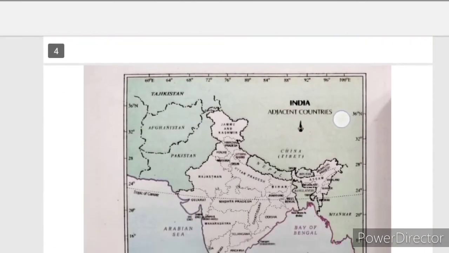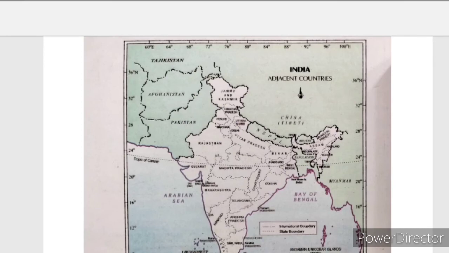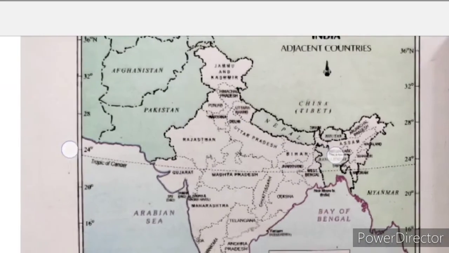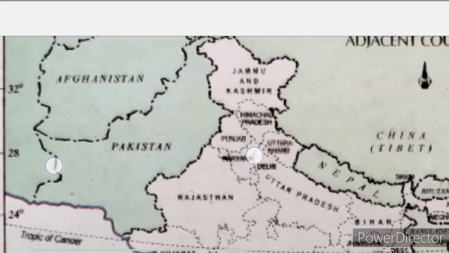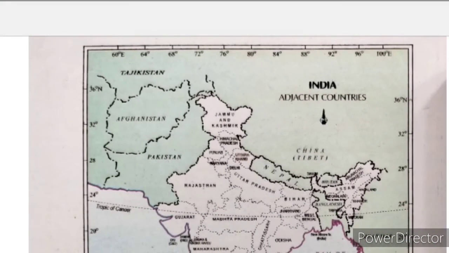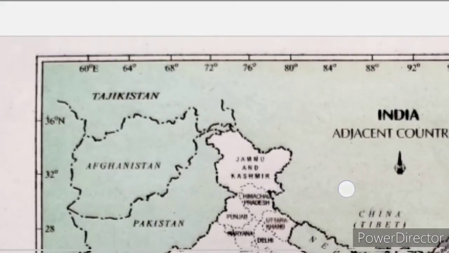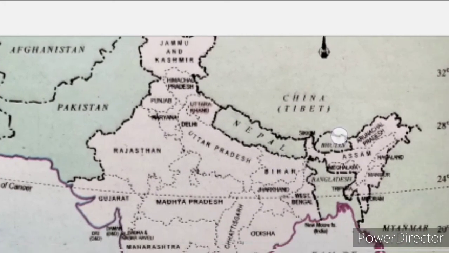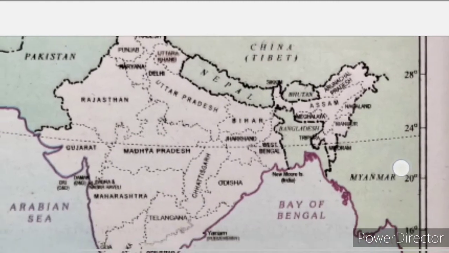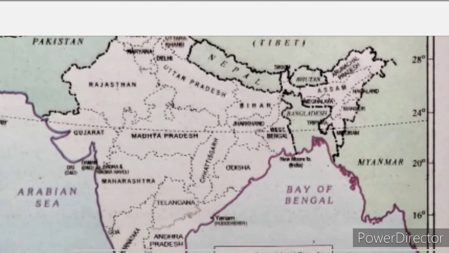Now we see the next map of this chapter, India's adjacent countries, meaning the countries that share borders with India. Here we see Pakistan, Afghanistan, China, Nepal, Bhutan, Myanmar and Bangladesh.